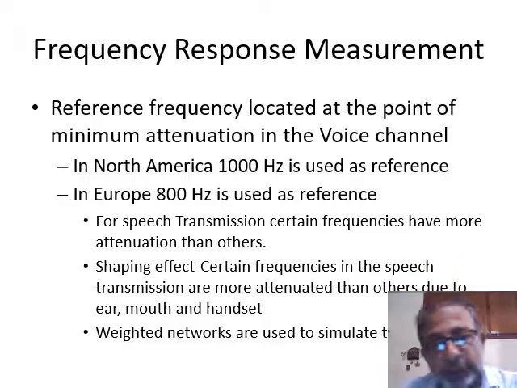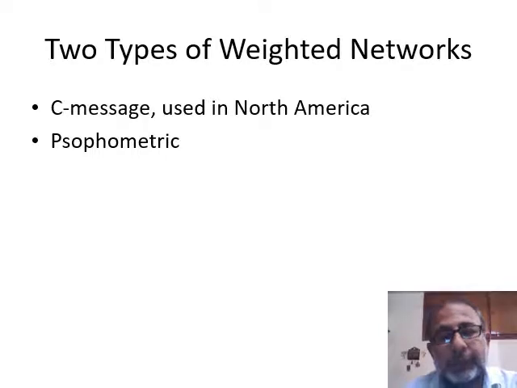If we do not introduce a weighted system into our network, then it would be a flat network. There are basically two types of weighted networks: the C message network, which is used in North America, and sophometric weighted networks, which were introduced in Europe. And normally in Pakistan, the European system is used.